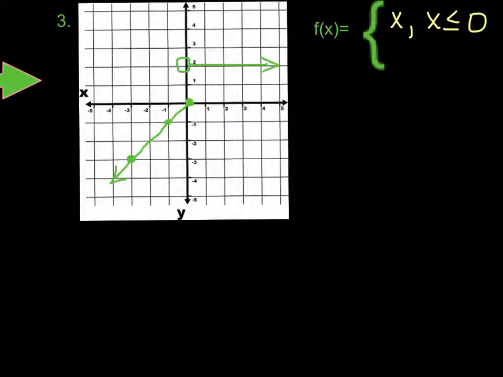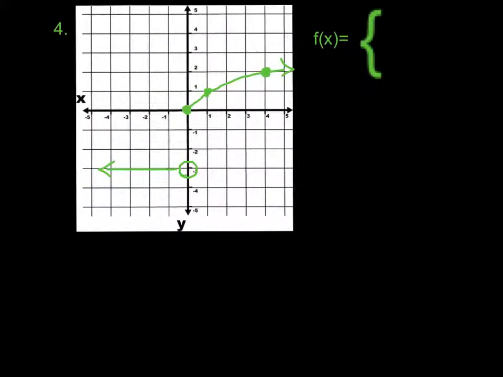And I notice that that is the line y equals 2. So I'm just going to write 2. Okay, remember this is a fancy way of saying y equals, so y equals 2. But notice that I'm not including the y value when x is equal to 0. So in this case, the domain would be x is greater than 0. All right? Okay, the last one.